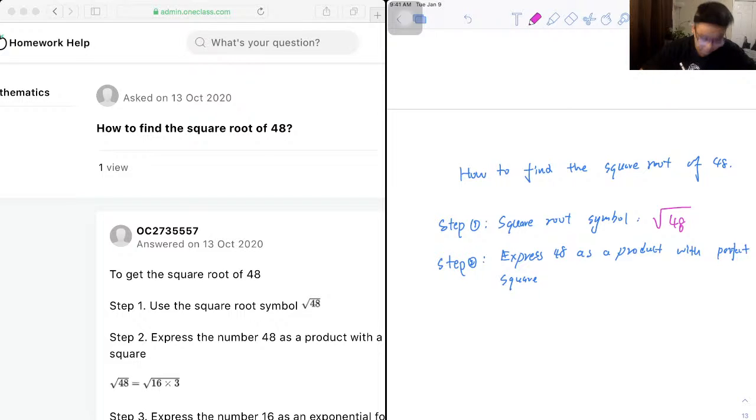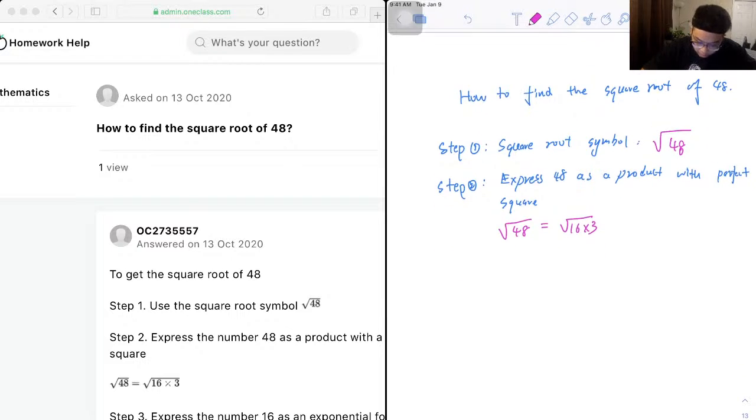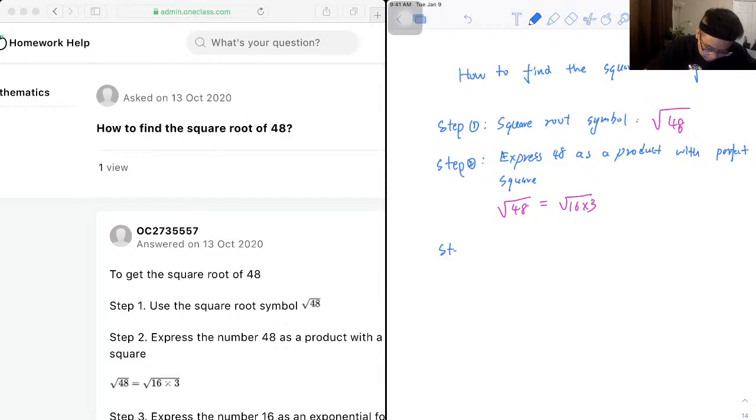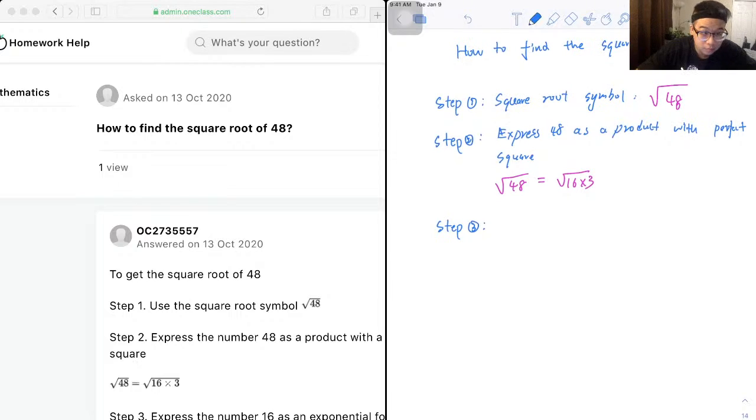So we have root 48 is equal to root 16 times 3. And 16 is a perfect square. So step 3, we need to express 16 in exponential form.